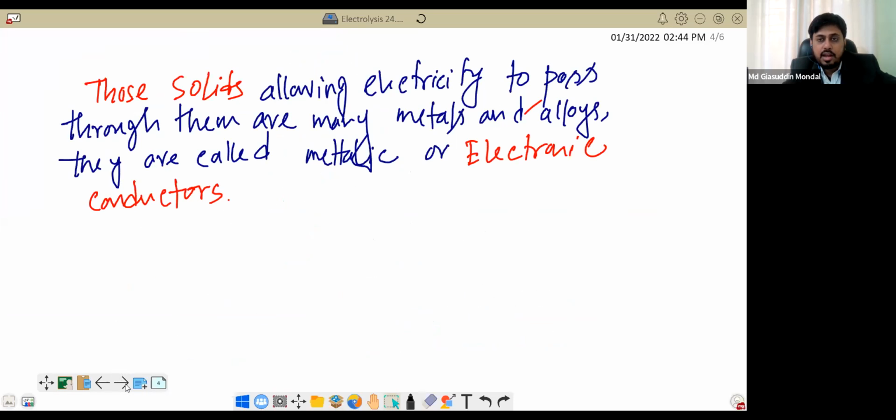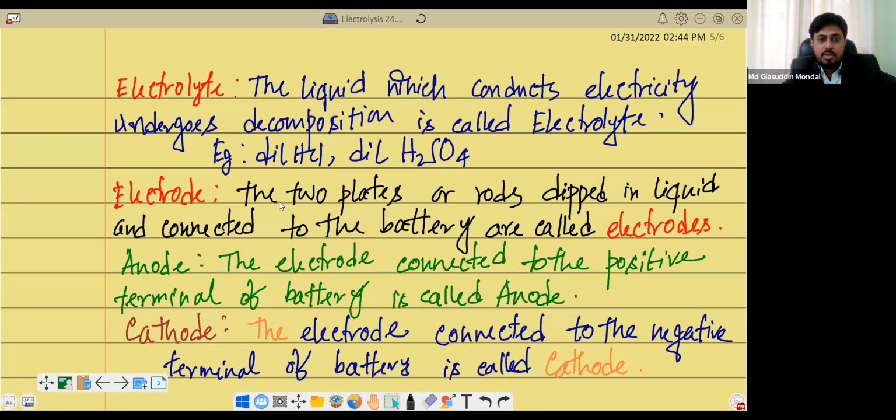So those solids allowing electricity to pass through them are mainly many metals and alloys. They are called metallic or electronic conductors. And then we also had a discussion about electrolyte, electrode, anode, and cathode.